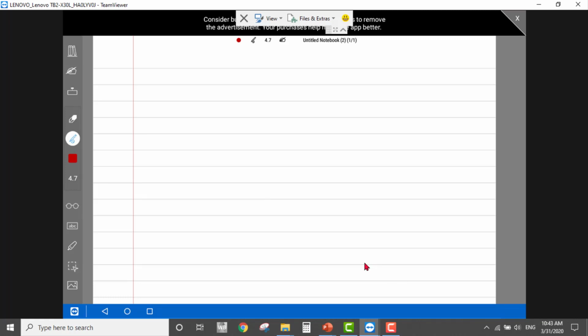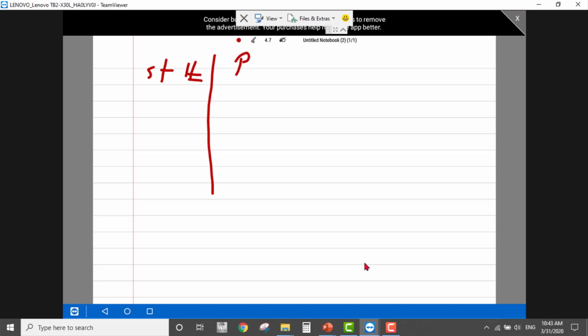Now, here what do we have? Let me start by drawing the table, with state number, pressure in bar, and volume in meter cube.